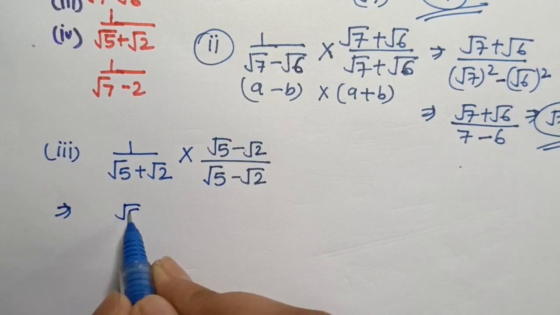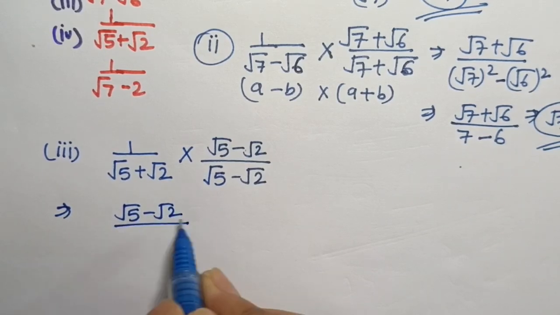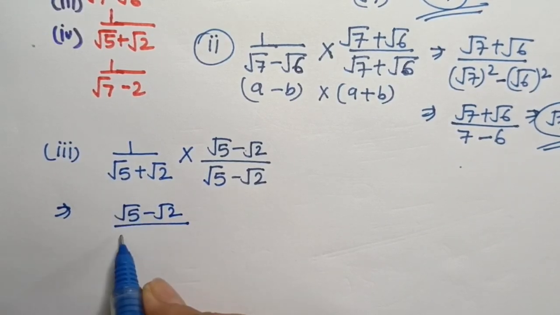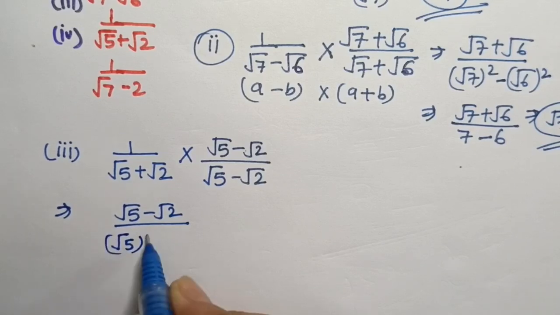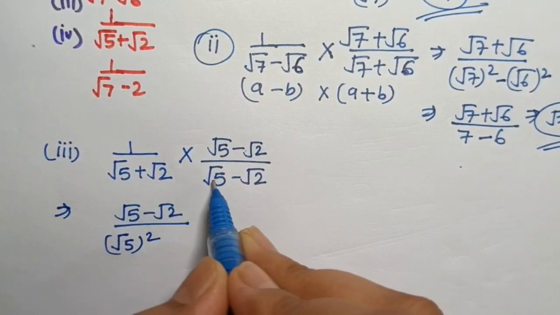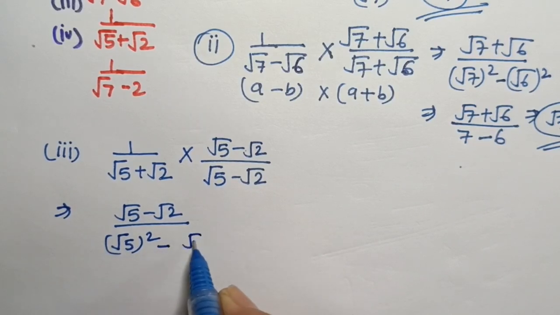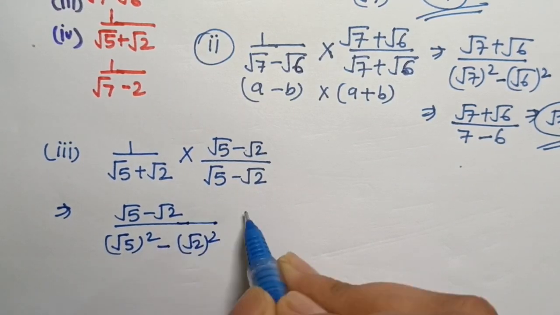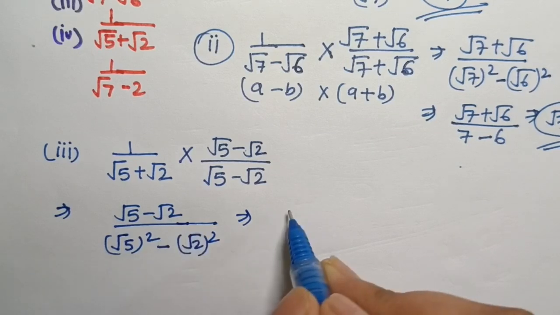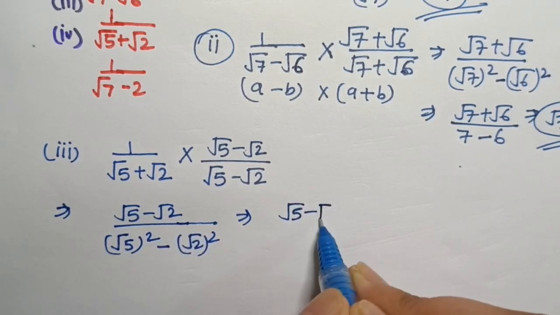But the advantage of doing this is to gain in the denominator the form of a plus b into a minus b, and you know, when you create such a condition, then it is very easy for you to get your answer, because you will now have to do only a square minus b square in the denominator.